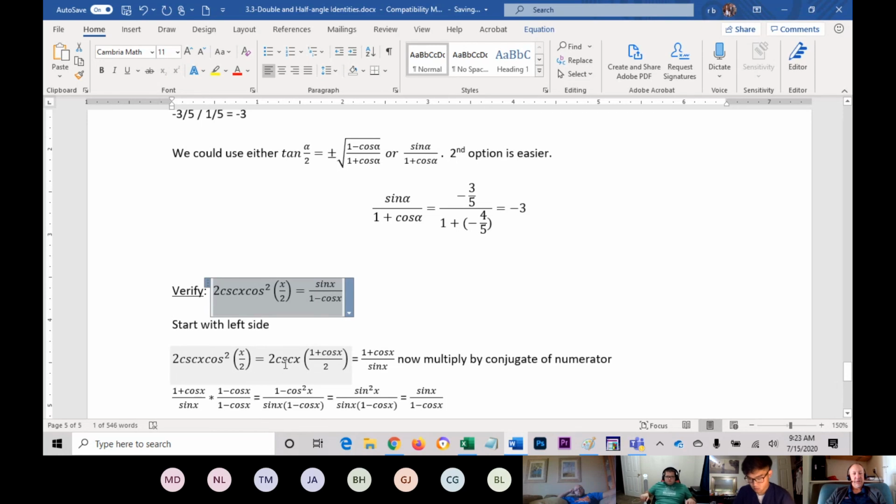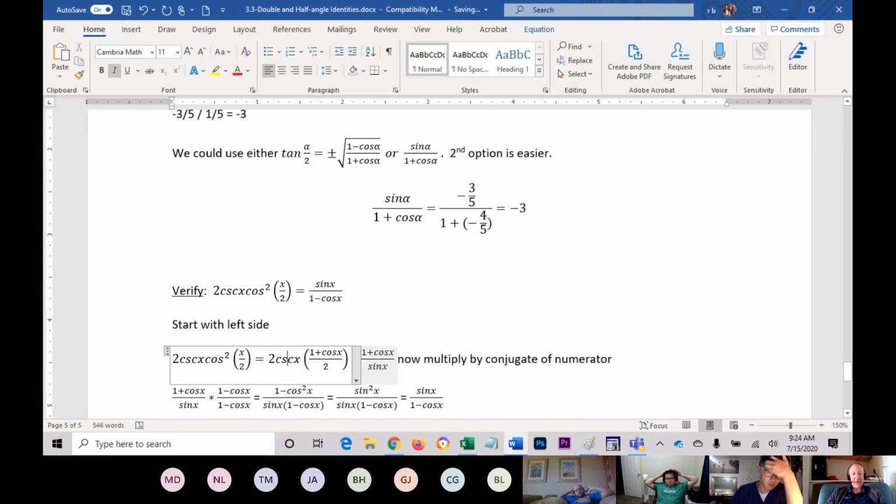So we can write this as 2 times the cosecant, and then we can use our half angle formula to write that as 1 plus the cosine of x over 2. Okay? And then, so we can simplify this. Remember, cosecant is 1 over the sine of x. So the 2's are going to cancel. This 2 will cancel that too.